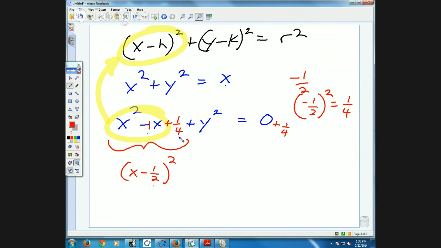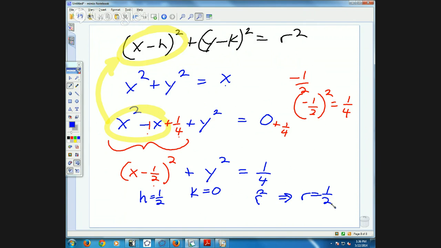Okay, we're getting there. Now we still have that plus y squared hanging out, which is totally fine. And now on the other side, we have a 1/4. So now here's what I know. I know in this case that my h is 1/2 and my k is 0. And the 1/4 is my r squared, which implies that r must be 1/2.